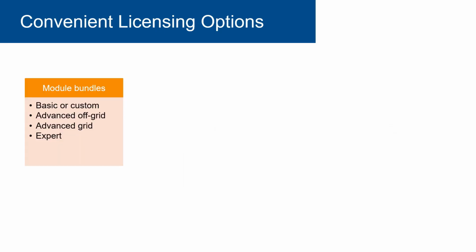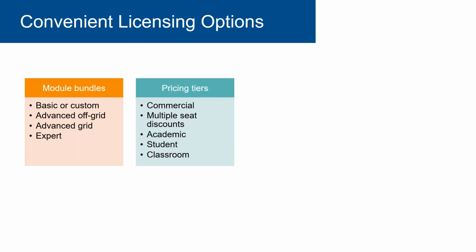I already mentioned the add-on modules in the last slide, and these unlock certain features that not all users necessarily need. We've also bundled these together for major applications to make it a little easier, or you can create it exactly what you want, how you want.